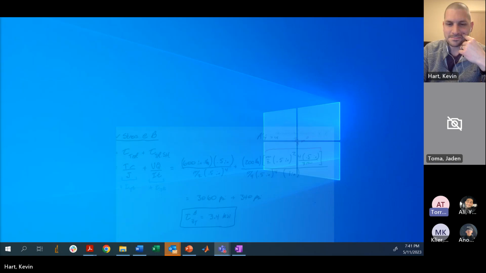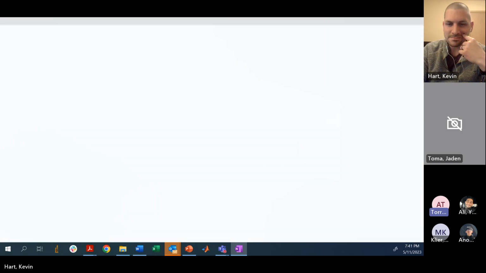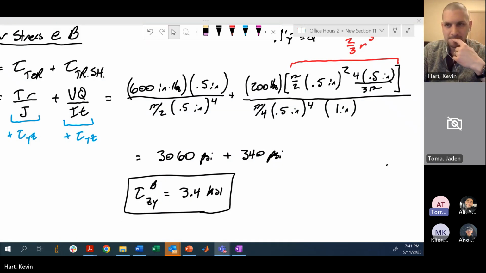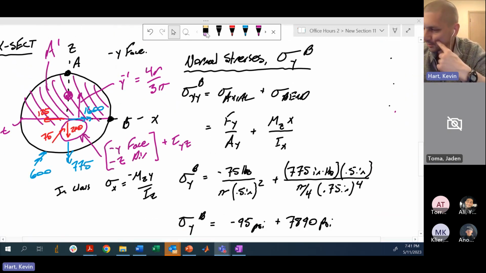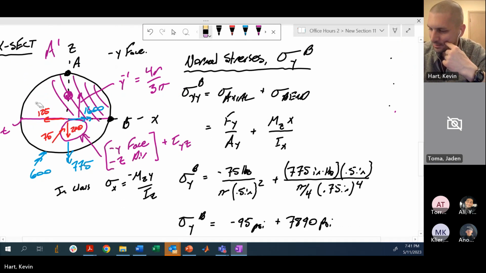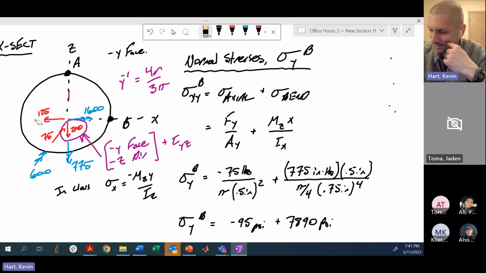Could you explain why the torsion and the transverse shear stress are positive again? Sure. Go back to my beautiful picture that's now all messed up. Oh, look at that erasing. Mad skills.